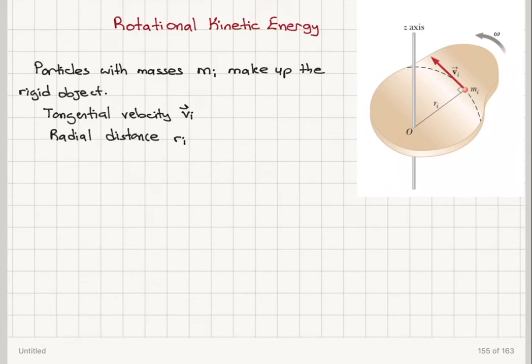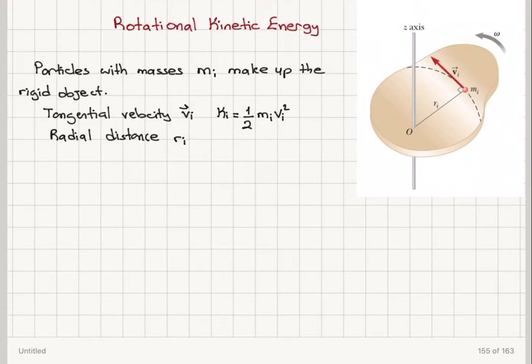The kinetic energy k sub I of this ith particle that makes up this object is obviously 1 over 2 its mass times its velocity squared, 1 over 2 m sub I v sub I squared.